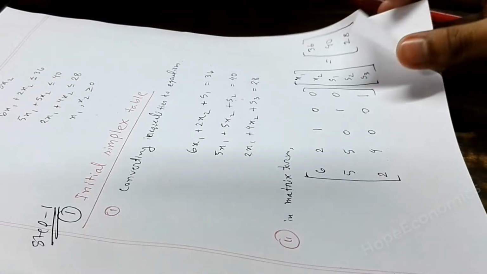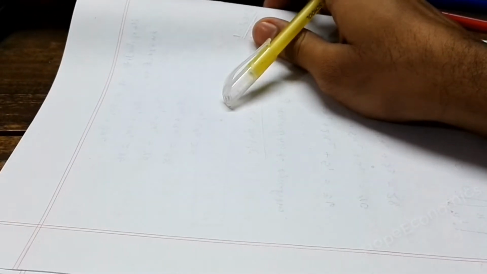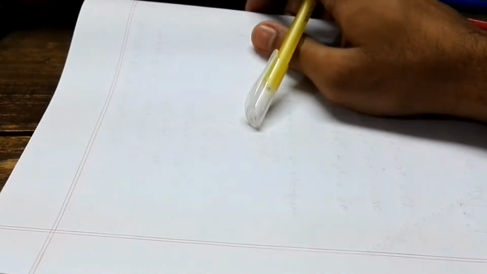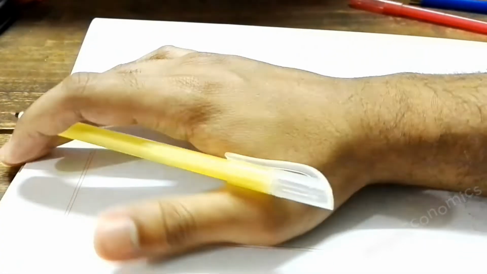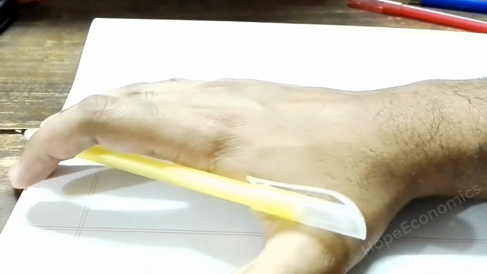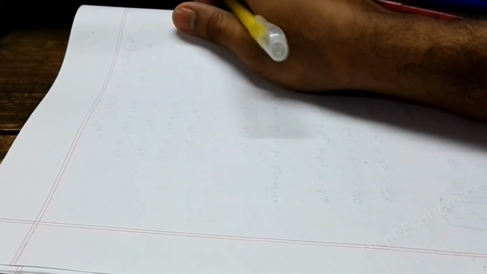So we're going for the third step. We have our matrix formation, so what we have to do now is form the initial table. Let's consider it as portion 3.